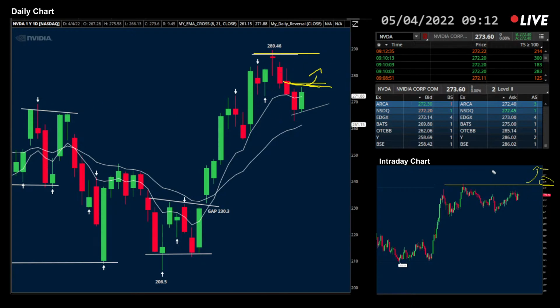But bears need to push price below 270, right now at 272. Below 270, I'll be looking for a move all the way into 266, 265, and below that we have 262 from Friday and 261, that's the 21-day moving average.